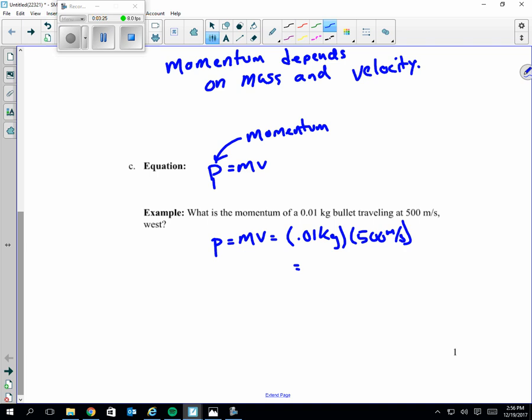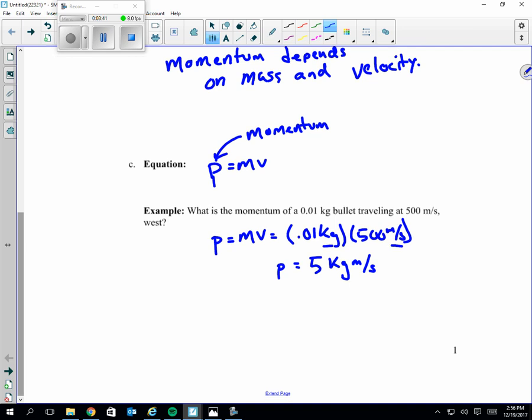And when I multiply that out, I get 5. And momentum does not have a unit of its own, so you just get it by combining the two units here. We get kilograms times meters per second. So the unit is going to be 5 kilogram meters per second.